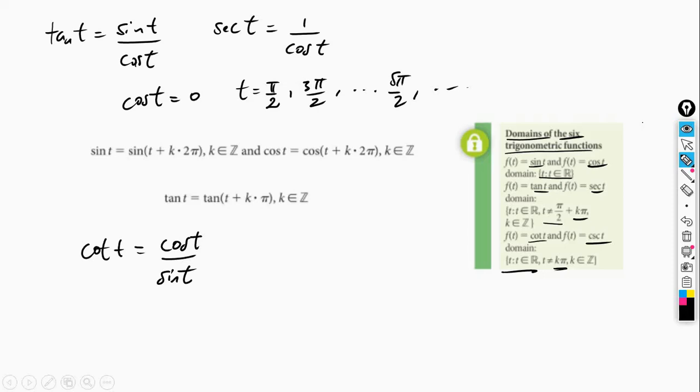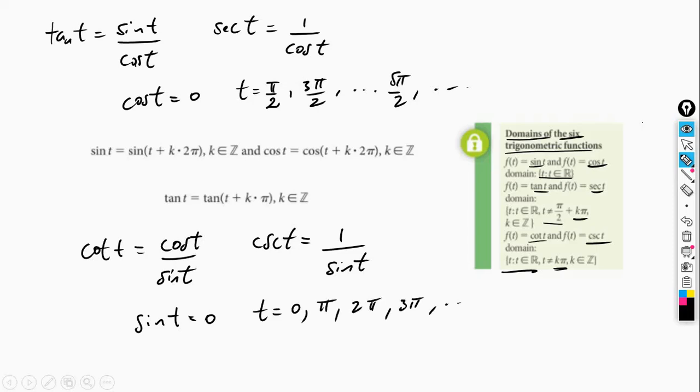And we have that cosecant of t is going to be 1 over sine of t. So both of these functions will become undefined where sine of t is equal to 0. And sine of t is equal to 0 where t is equal to 0 degrees, or pi, or 2 pi, or 3 pi, etc.